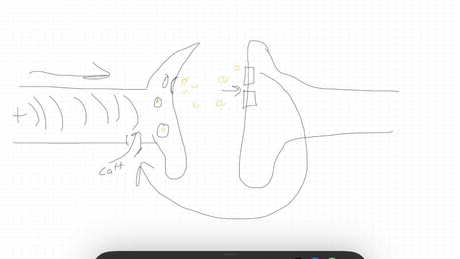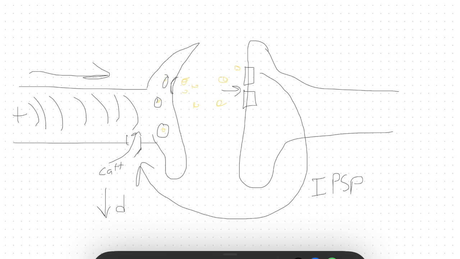And depending on the type of neurotransmitter and receptors involved, the postsynaptic membrane may depolarize, changing the excitatory postsynaptic potential, or hyperpolarize, which is the inhibitory postsynaptic potential.